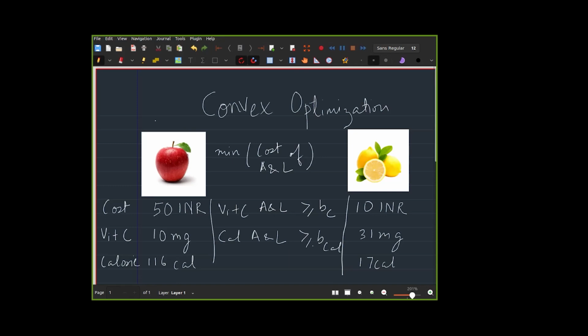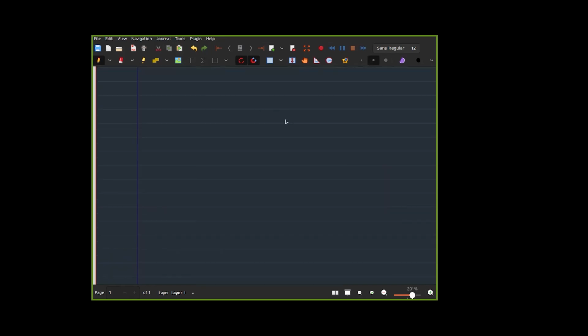So that's the idea. So let us write that formally. We want to minimize the cost of apples and lemons, right? So let's assume that we are eating A apples and L lemons. These are counts. So what would be my total cost, right?